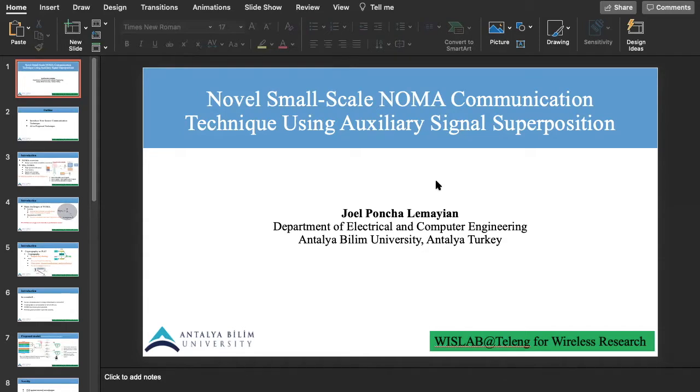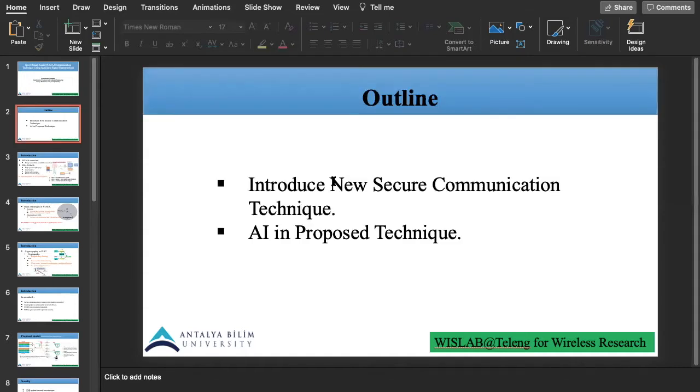I'm assuming that all of you are familiar with terms like NOMA, which is non-orthogonal multiple access communication. But I will introduce a general picture of the project that I'm working on, and then we will talk about how we're trying to use AI or deep learning to enhance the efficiency of the system that we're designing.